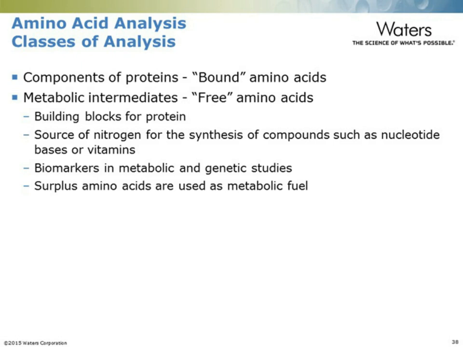The free amino acids are certainly used as nutrients for the growing cells in culture. They are used by the cells not only to build proteins, but also to move nitrogen particularly, but also other functional groups through metabolic pathways. They become very good biomarkers, and they can, in fact, provide metabolic fuel, pure energy fuel for the growing cells.